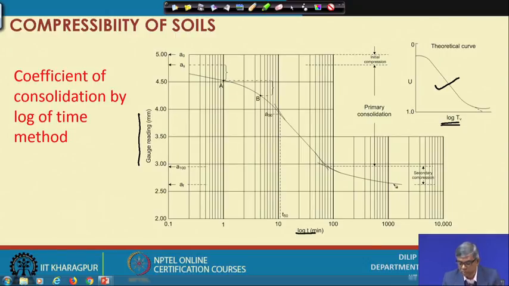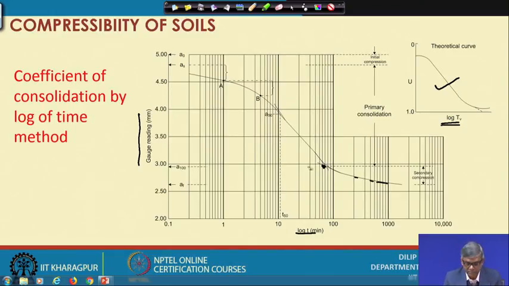So, what you have to do is extend the straight portion backward, and from the point of inflection draw a tangent line and extend it. It will meet at a point, suppose at this point. So, this point indicates the end of primary consolidation.